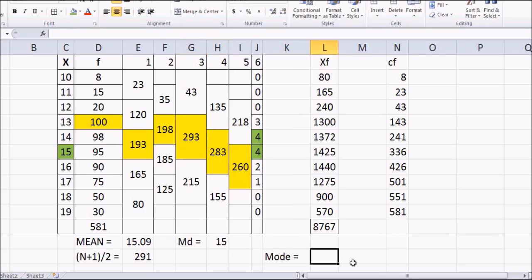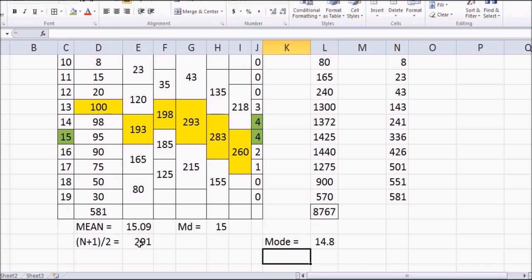Mode, as we know, the empirical formula is given by 3 median minus 2 mean. So this will be equal to 3 times median minus 2 times mean. Exactly. So now the mode is 14.8.